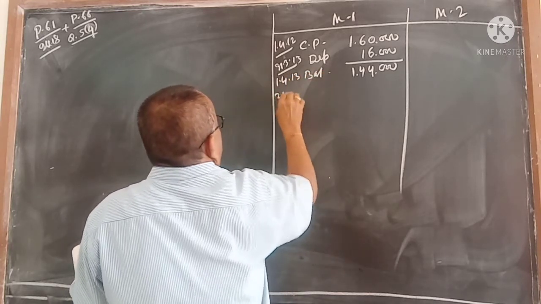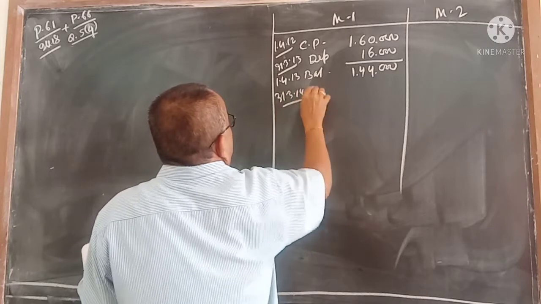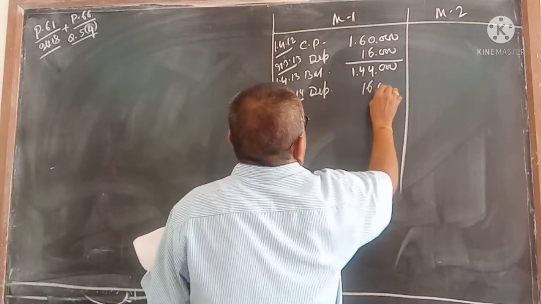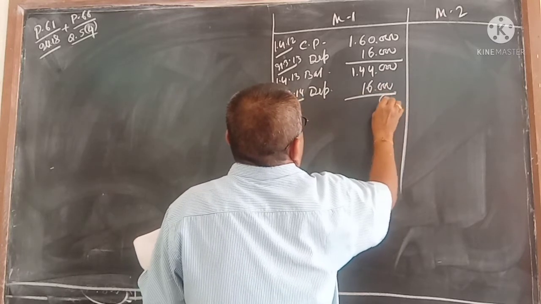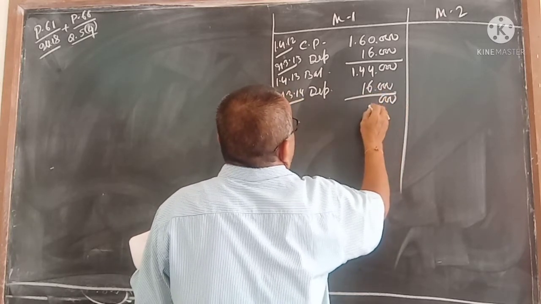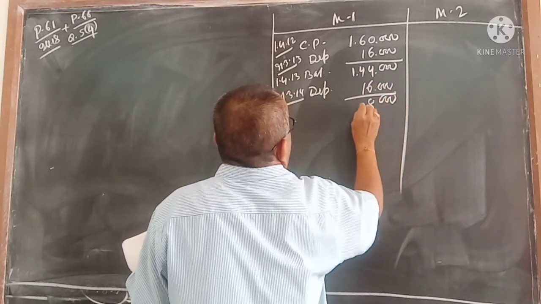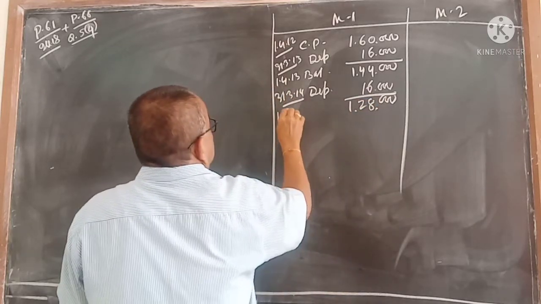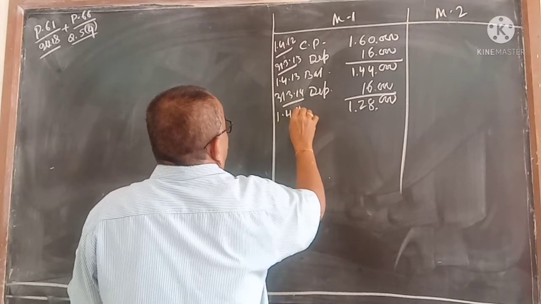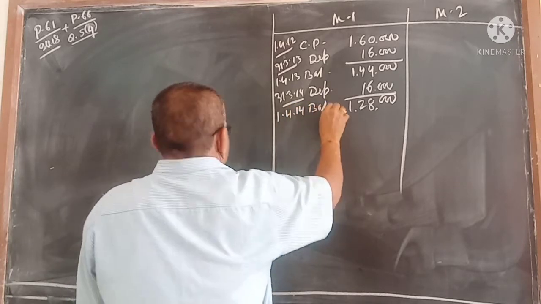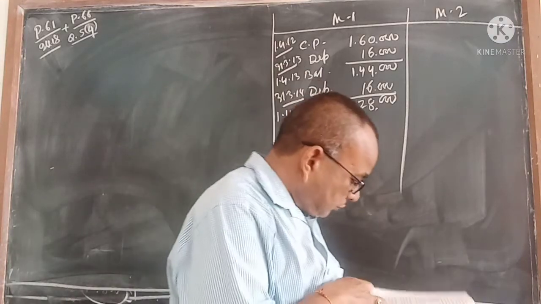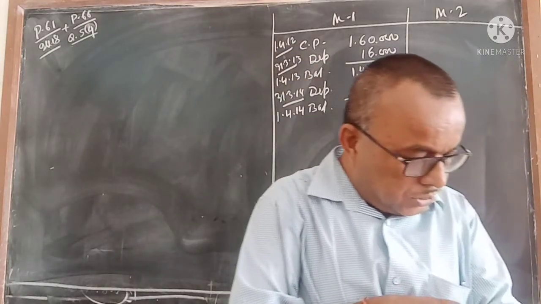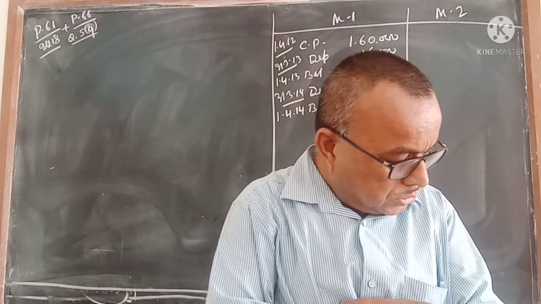Now 31/3/14, again depreciation. How much? 16,000, straight line method. If you deduct, the balance is 1,28,000. The repairing expense was incurred before putting this machine into use, and then the second machine we have purchased.